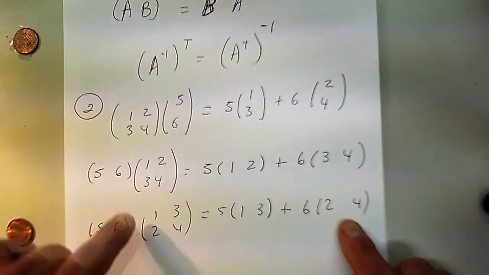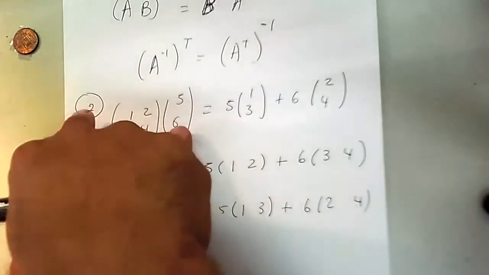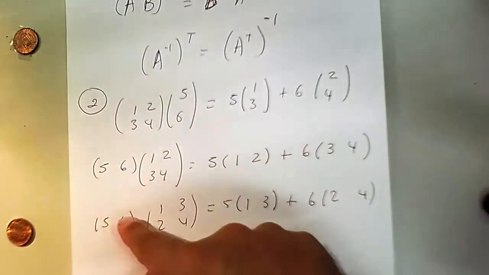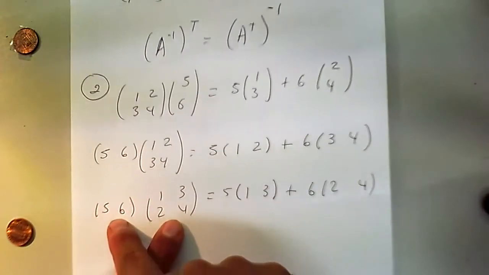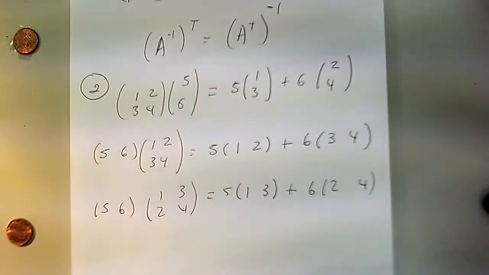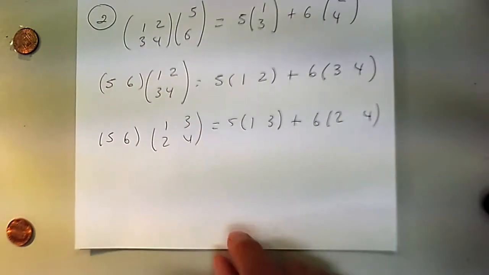So if we change the order of those two, and work with the corresponding transposes, then we would be okay. Then we have an equivalent product.